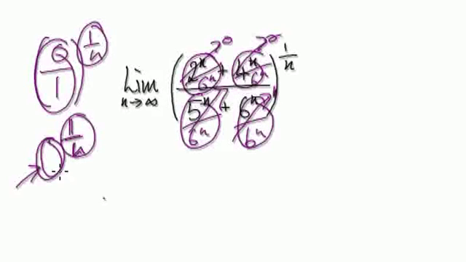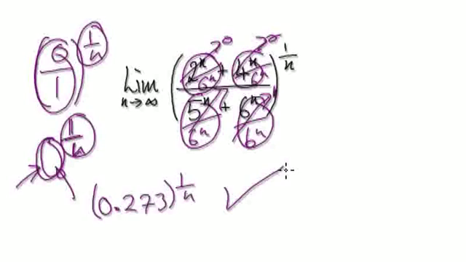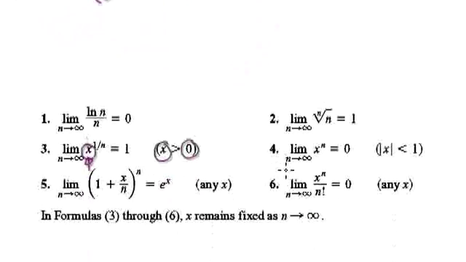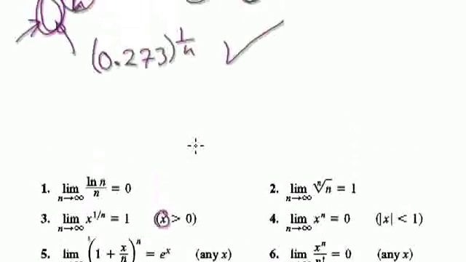If you can get this to be, let's say, 0.273 whatever to the power of 1 over n, then yes, you can say the limit is equal to 1, because it requires x to be bigger than 0.